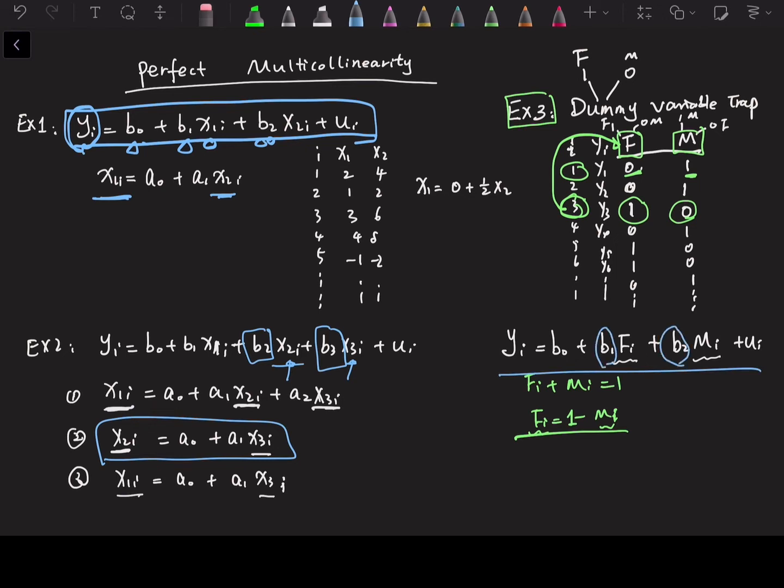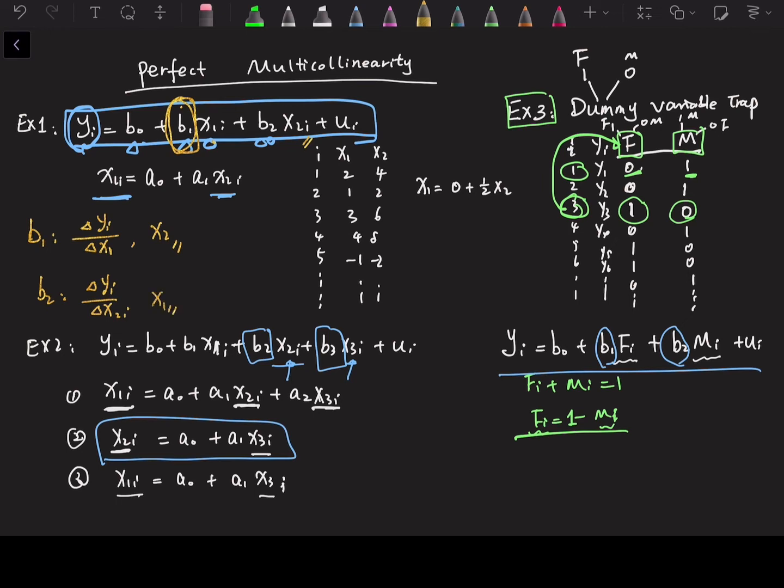Why? Think about how we interpret b1 or b2. We interpret b1 as the effect of a unit change in x1 on y once you hold x2 constant. Same thing for b2: the effect of a unit change in x2 on y once you hold x1 constant.